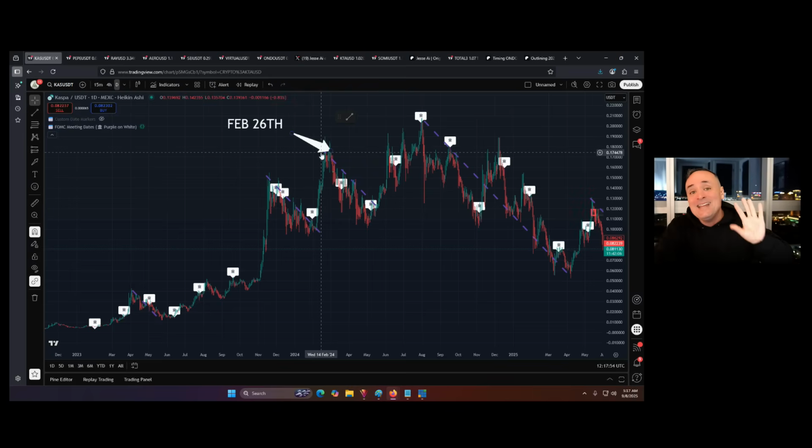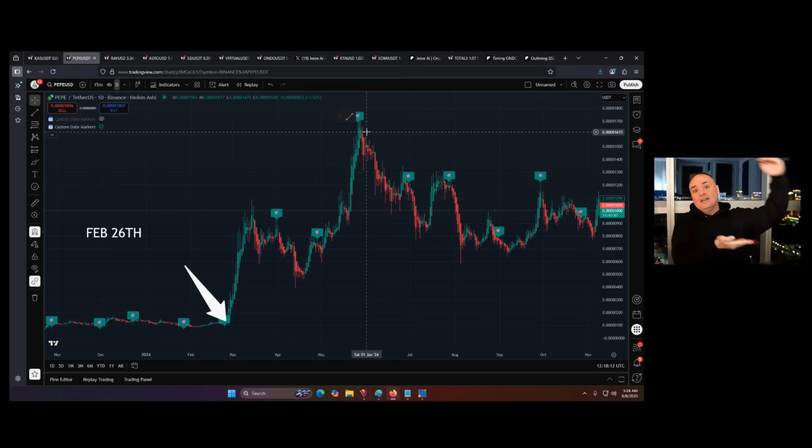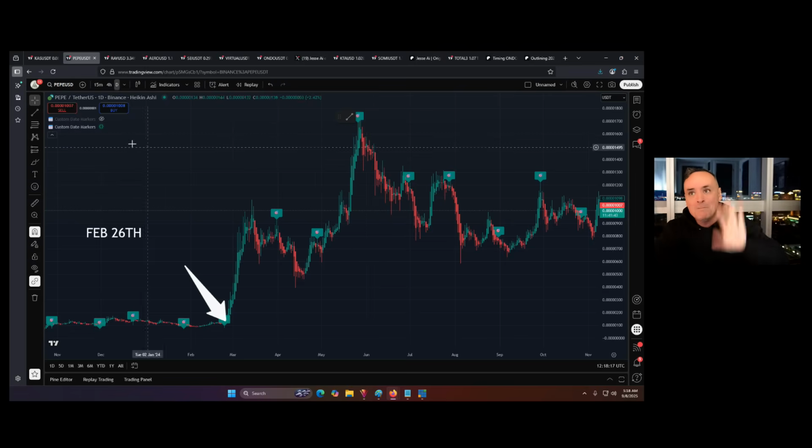That's a 9x gain plus on Kaspa. And then you rotate it directly into Pepe for another 10x. So now you've captured 90x gains, 90x. And you did it in the top 100 using macro data.